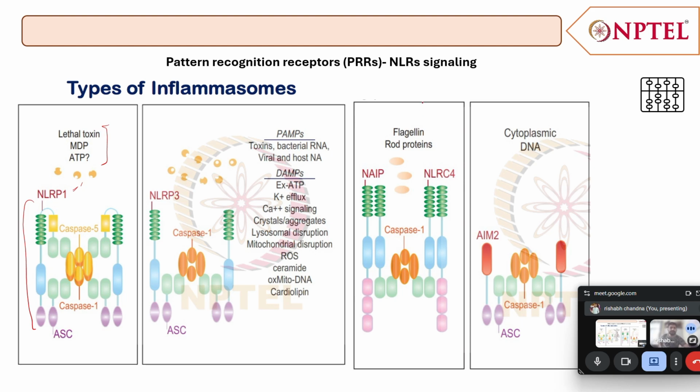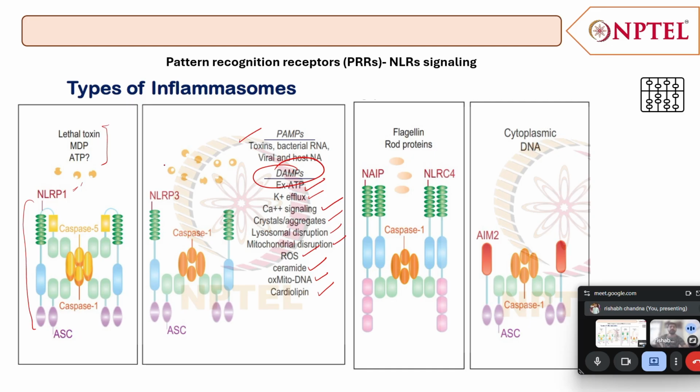Okay, so PAMPs are basically toxins, bacterial RNA, viral and host nucleic acids, and DAMPs include extra ATP, potassium ion efflux, calcium signaling, crystals or aggregates, lysosomal disruption, mitochondrial disruption, ROS, reactive oxygen species, ceramide, mitochondrial DNA, and cardiolipin. Okay, so these are basically the damage associated molecular patterns released in response to any of the diseases or any of the metabolic changes that take place inside the cell.